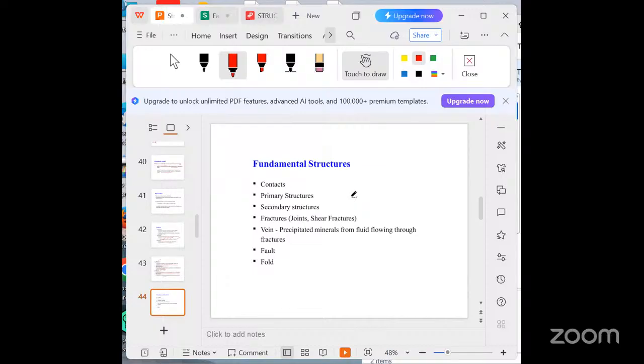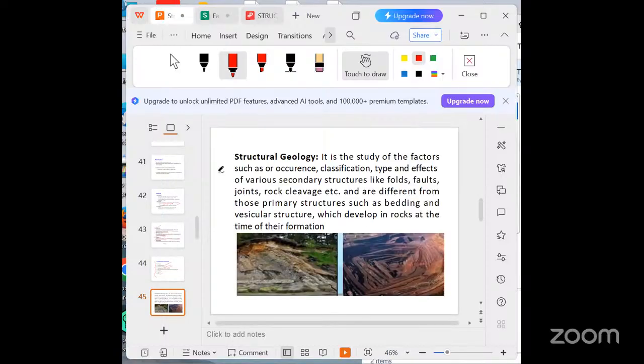So in the next class, these are the fundamentals of the structures of rock. There are primary structures and secondary structures. In that, fractures mean joints, shear fractures, veins, and also faults and folds. These are very important fundamentals. So what is structural geology?